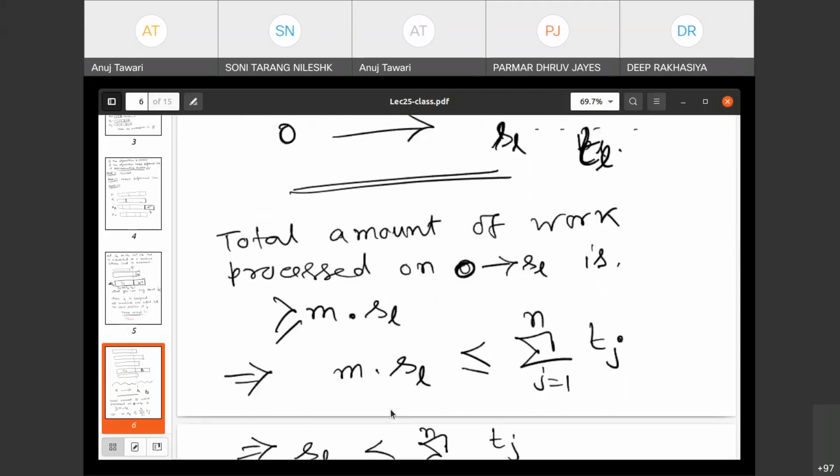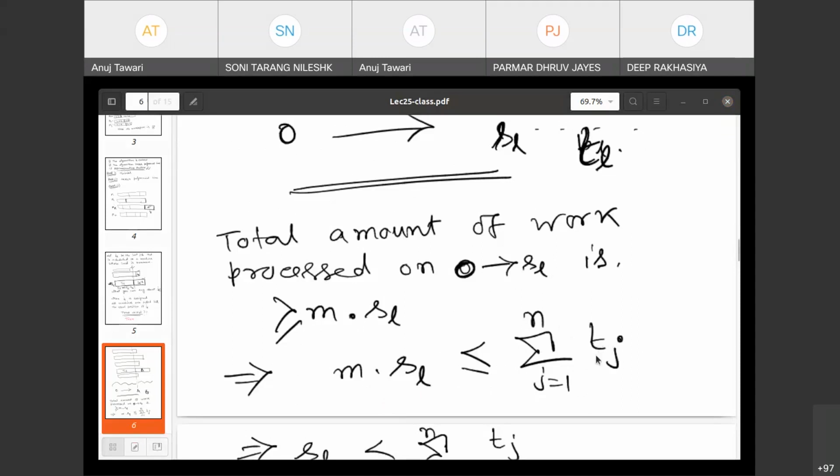And then we can conclude that this M times SL is at most the total number of hours needed to process all the jobs, right? Because each machine is working for at least SL hours.